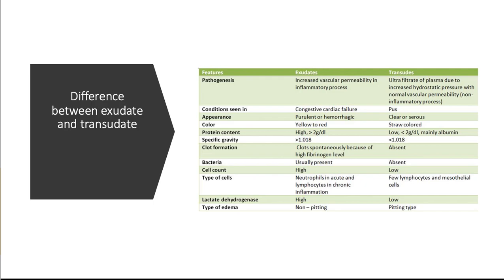Edema denotes an excess of fluid in the interstitial tissue or serous cavities. It can be either an exudate or transudate. Pus or purulent exudate is an inflammatory exudate rich in leukocytes, mostly neutrophils, the debris of dead cells, and in many cases microbes.